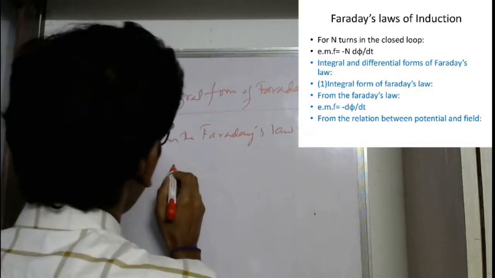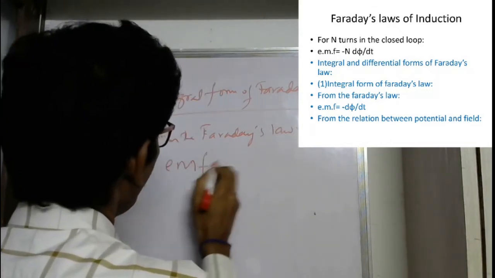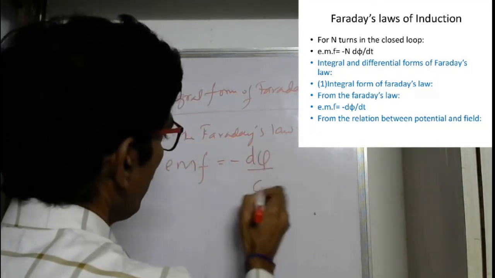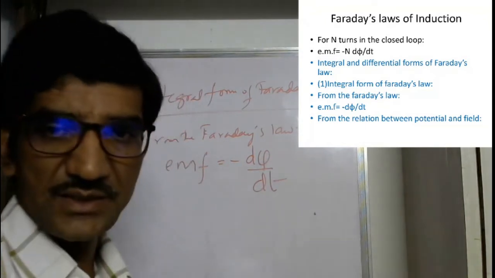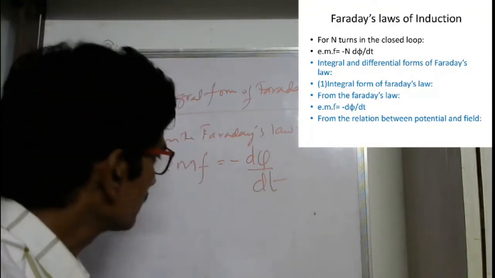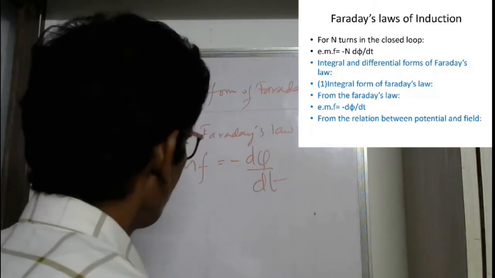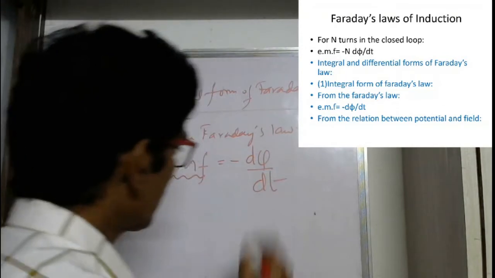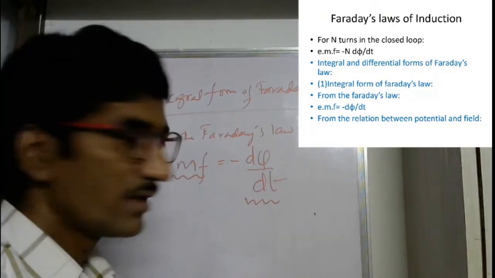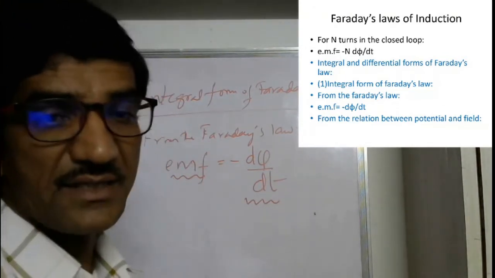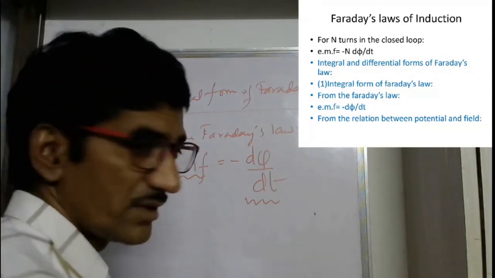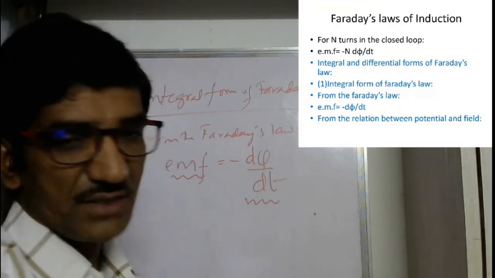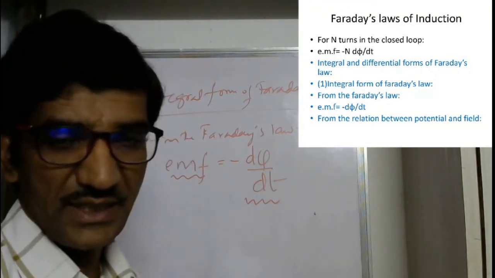Just now we studied this equation, d phi by dt. What is this? Is it related to electricity or magnetism? This is related to magnetism. This is related to electricity, electromotive force. Because you know electrostatics, you know the relation between the potential and field.